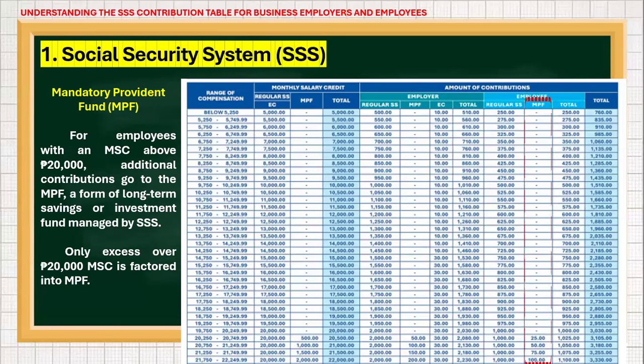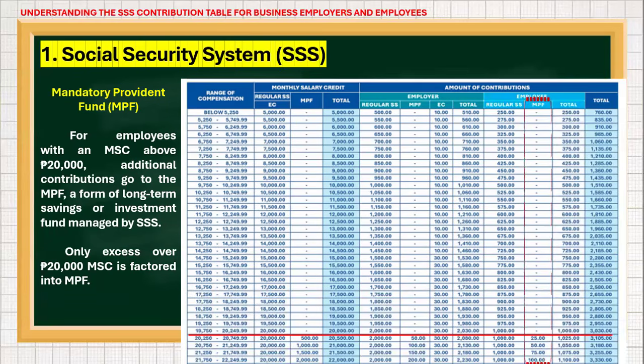Now, if your MSC is above 20,000, only the excess amount over the 20,000 is used to compute the MPF contribution. For example, if you have a salary of 21,000, so you are on this bracket.